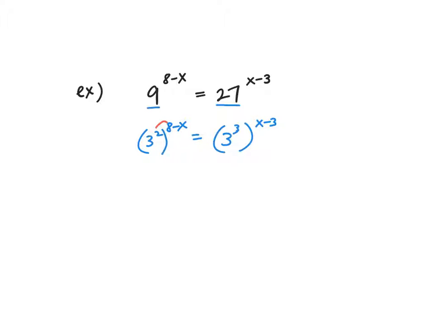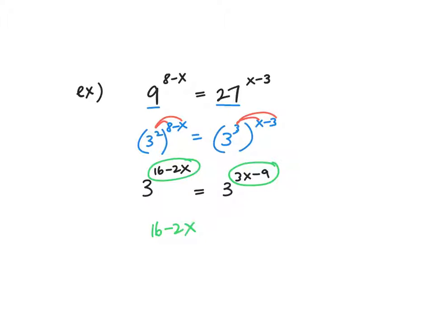Note here, when I have a power property, I'm going to distribute the power, because it's 3 times the quantity x minus 3. So I end up with 3 to the 16 minus 2x equals 3 to the 3x minus 9. Because I have 3 to the something equals 3 to the something, that's a one-to-one setup. And therefore I can set those two somethings equal to each other.